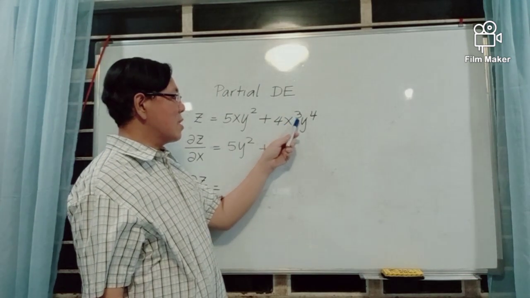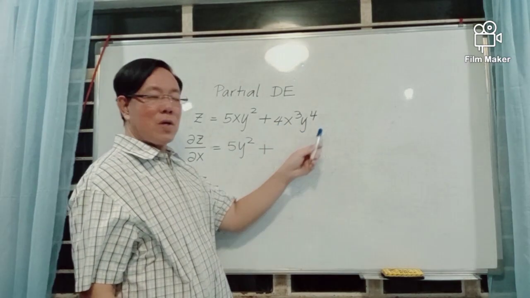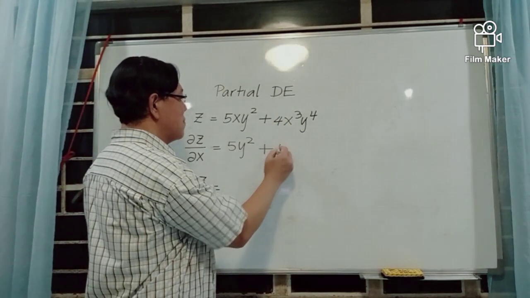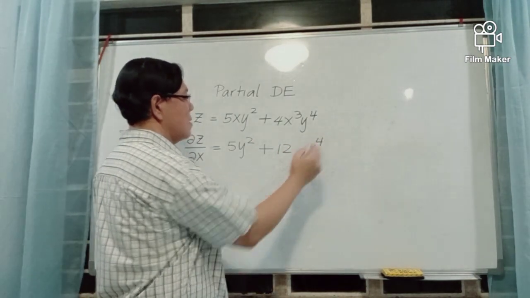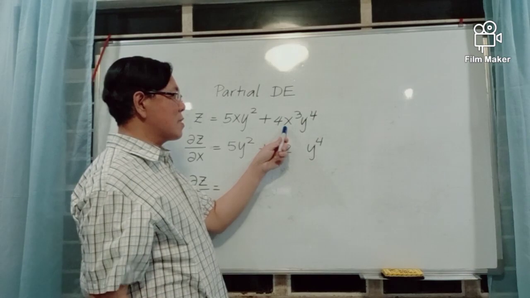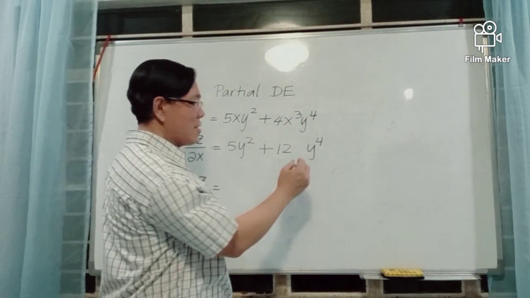And we get 3 times 4 y to the 4, or 12 y to the 4, multiplied by x to the power 3 minus 1, or x squared.